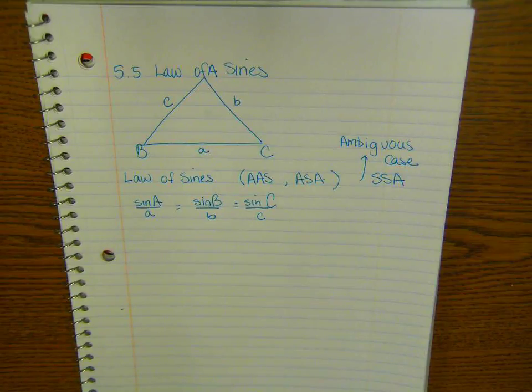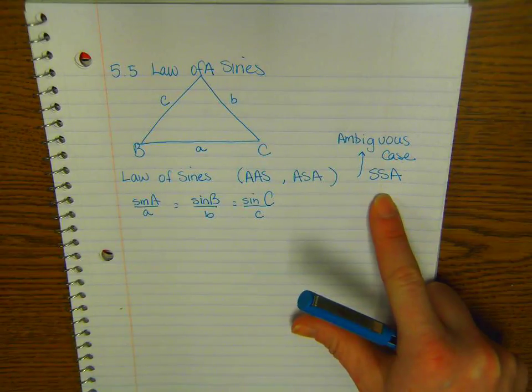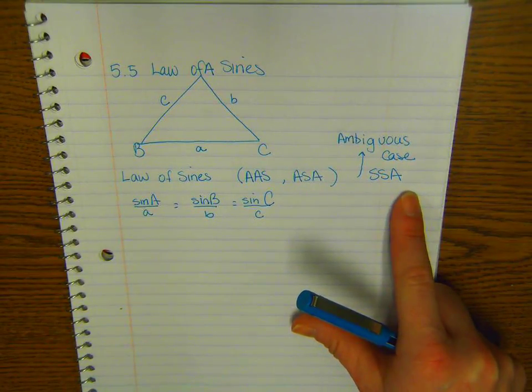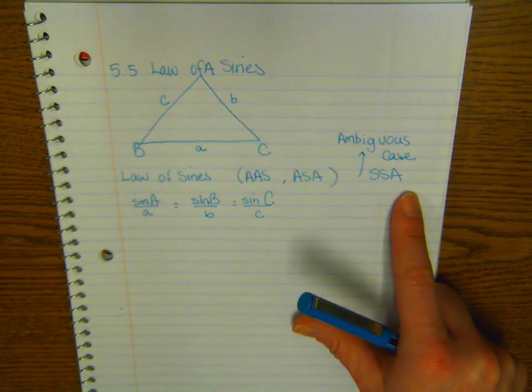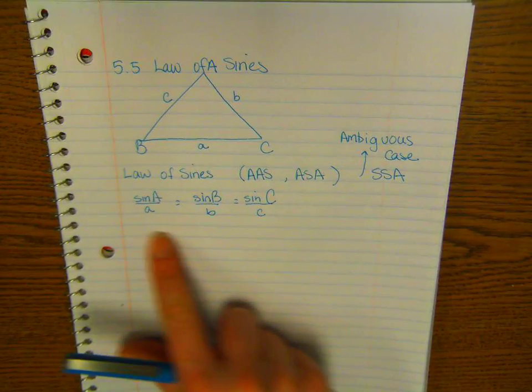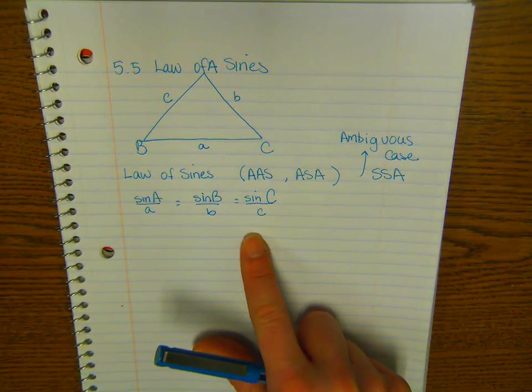Okay. But anyways, we're going to actually break down the case, and this is the part where there's a little case of side side angle that does give one unique triangle. But then in the other case, we could form two triangles, and so then that becomes a problem. Because if I can form two triangles, how can I use law of sines to find both? So we're going to talk about how tomorrow, okay?